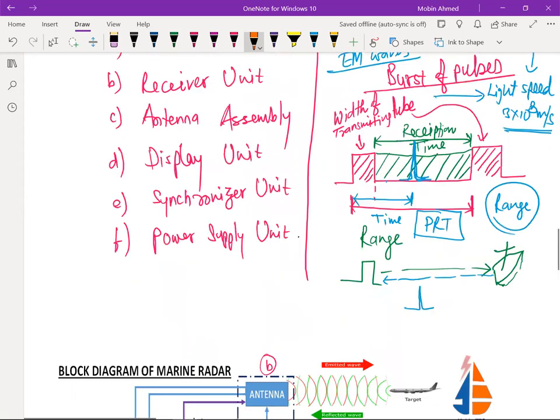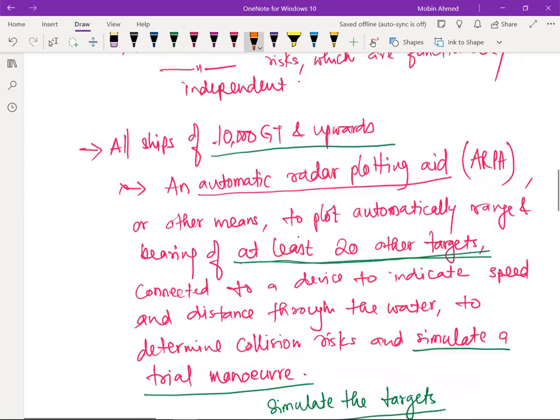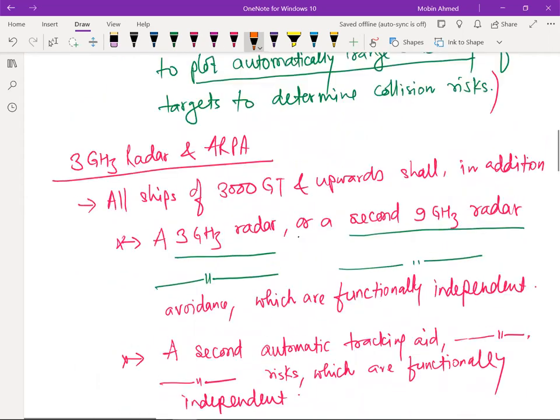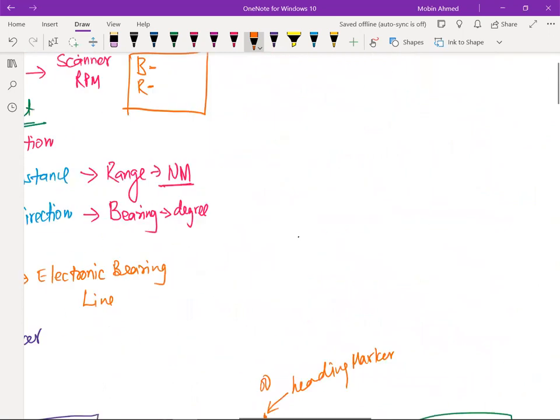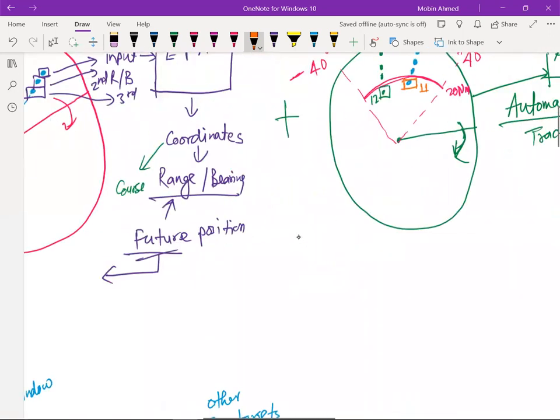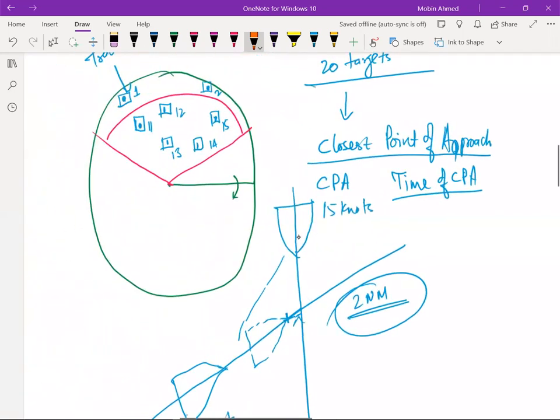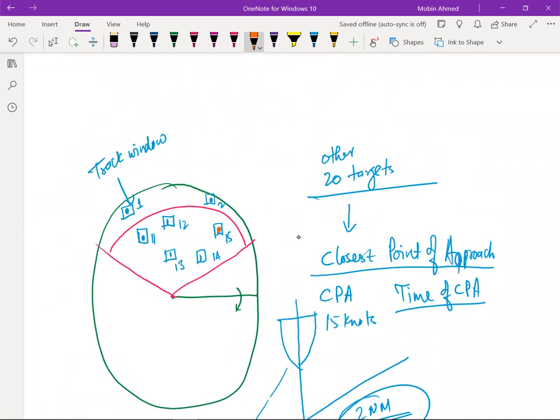What I am saying here, which you see here, suppose this target. Now the sweep is rotating 360 degrees, and when this target appears, that means our antenna is facing in this direction only.